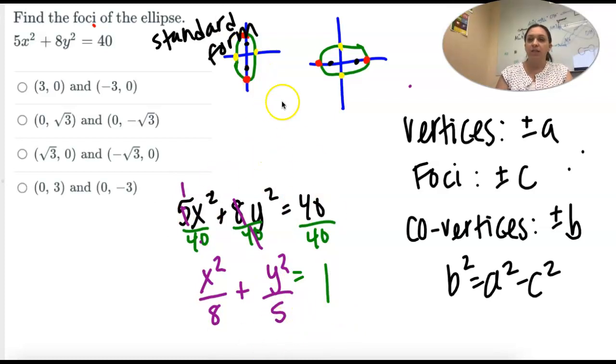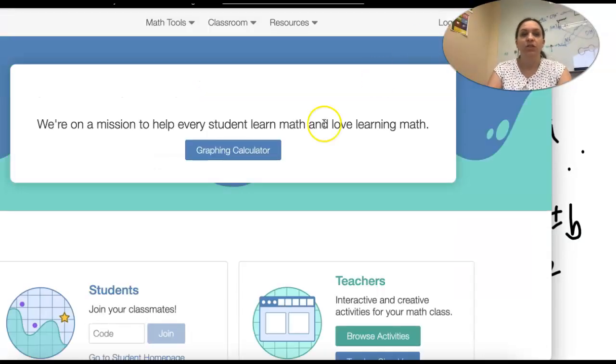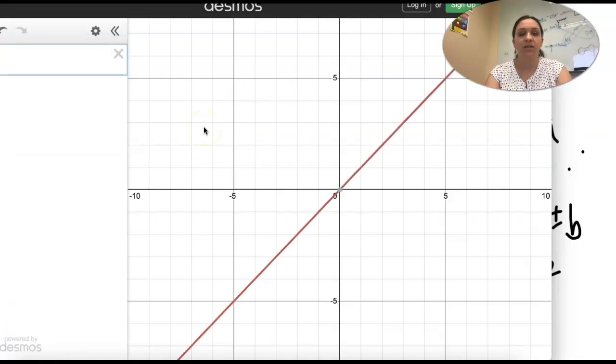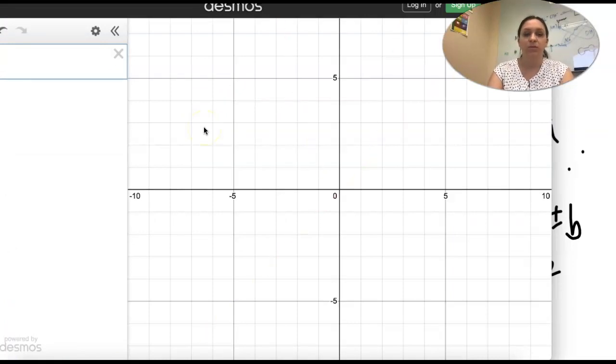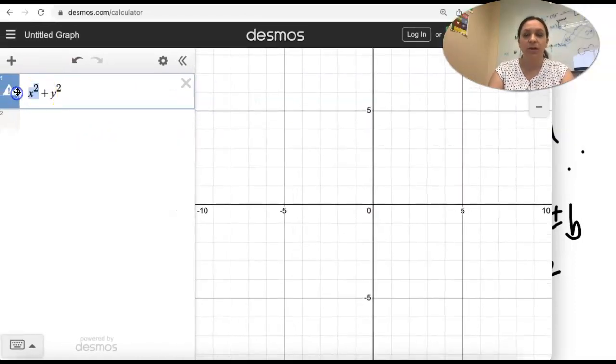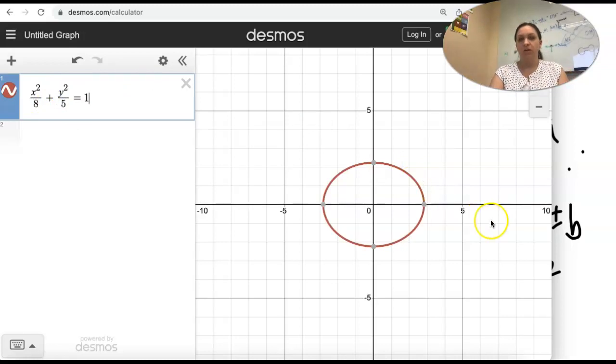All right, so this is our ellipse, and I'm going to graph it just so you can kind of see what's going on. So we have x squared divided by 8, y squared divided by 5 equals 1.